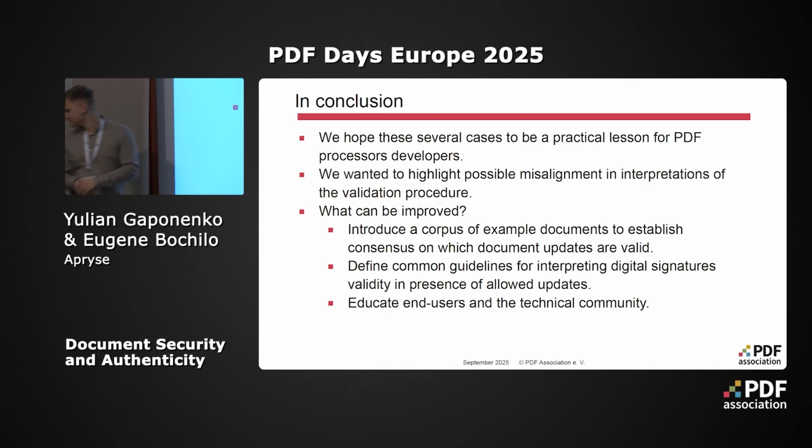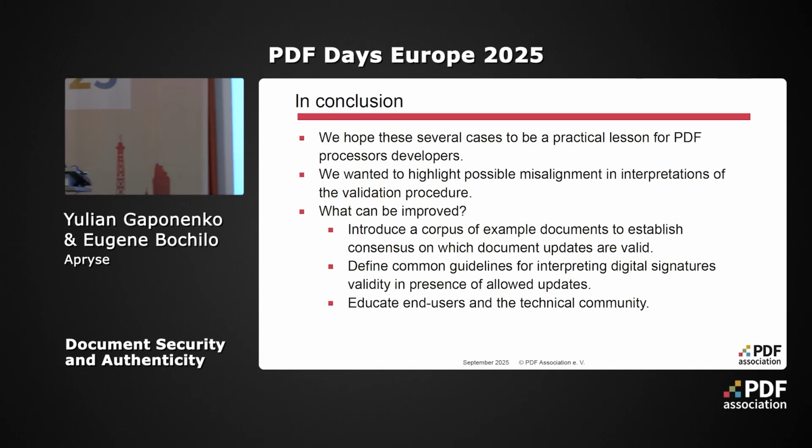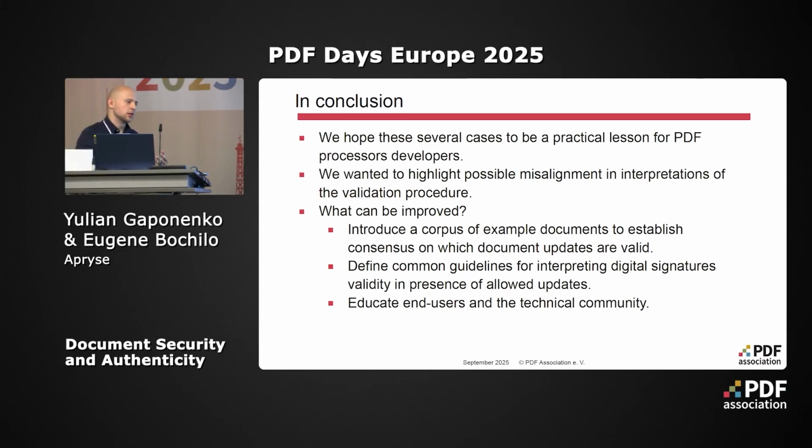Yeah, I would definitely vouch for maybe, like you said, when this happens, maybe it makes sense to emphasize it a little bit more. From what I know, it's not only the digital signature, there were some allowed changes on top of it. From what I've seen, I think viewers do suggest you open the previous revisions of the document to view the original state of the document that was actually signed.